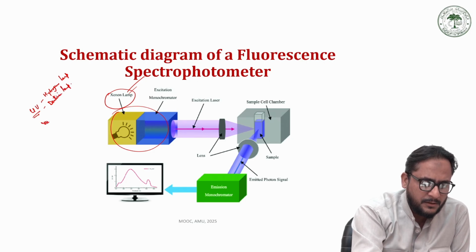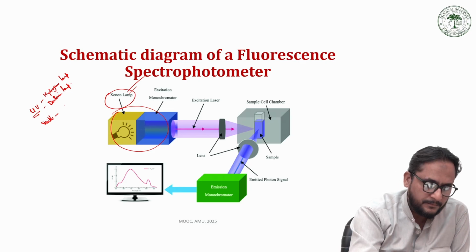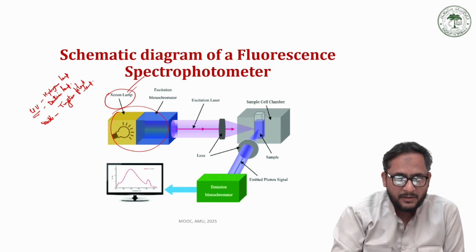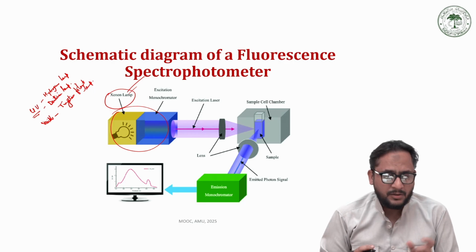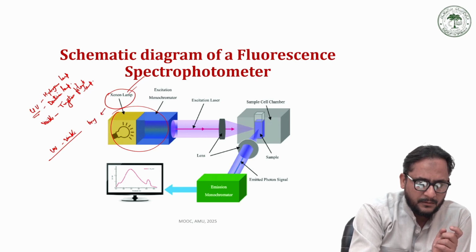For visible region, we use tungsten filament lamp. While in this particular case of fluorescence spectrophotometers, we use xenon lamps. Xenon lamps cover the UV as well as visible region, and these xenon lamps produce bright white light.